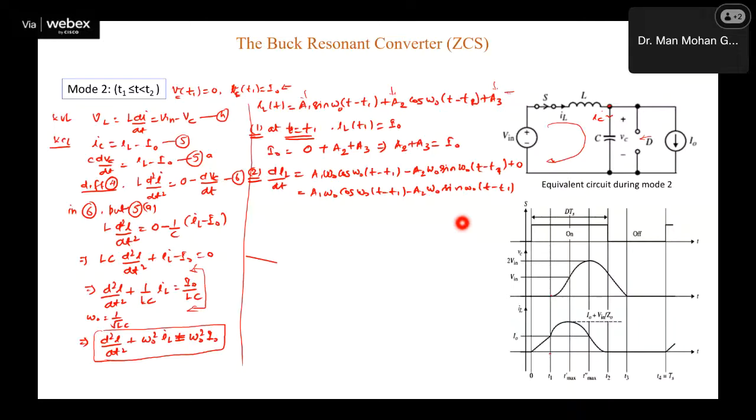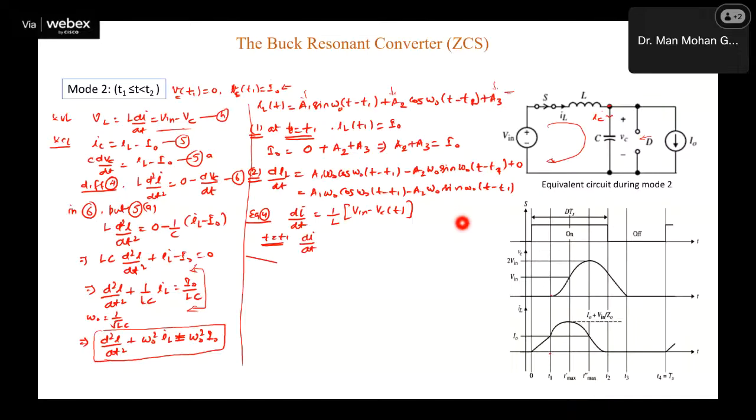Let us look for these equations. This equation number 4. From equation number 4, we can write di by dt is equal to 1 upon L (V in minus VC(t)), right? V in minus VC(t). And now put t equal to t1 in this. So what does it give?